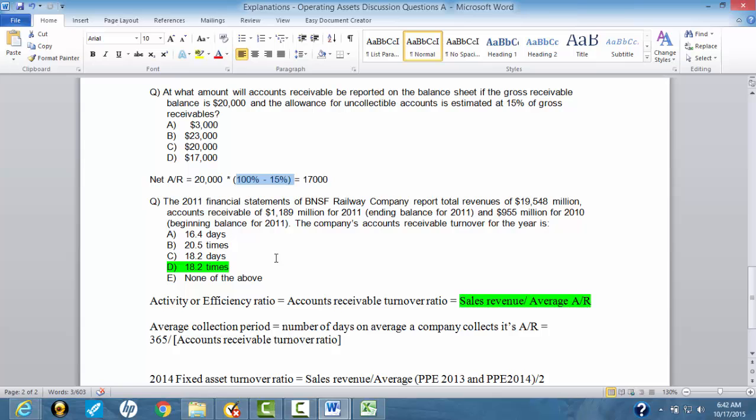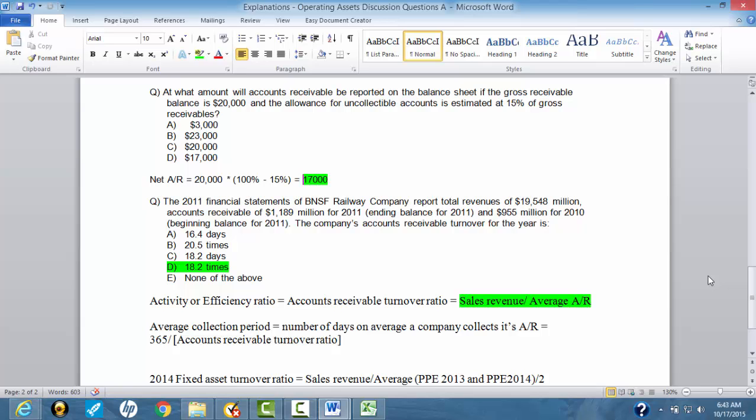That will be 85% multiplied by the 20,000. That is the net account receivable, and that is what will be reported as account receivable on the balance sheet, and is 17,000. Now let's move on to the next question, which is about the account receivable turnover ratio.